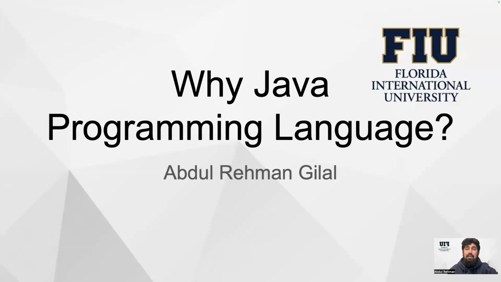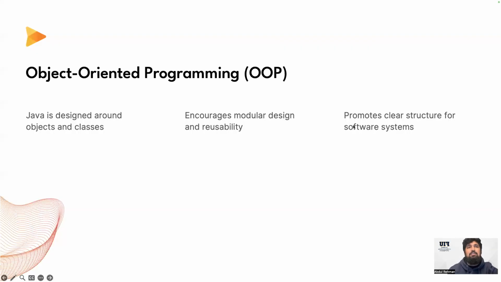I will try to discuss why one should choose Java. In this course, we will be mainly using Java as a programming language. So I'm going to tell you some reasons by which you can be confident about using Java for programming. Let's start with the first one, that is the paradigm. Why Java?